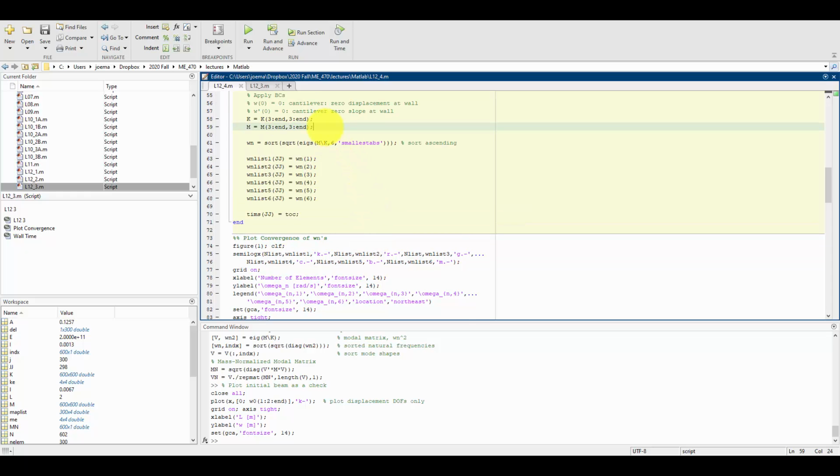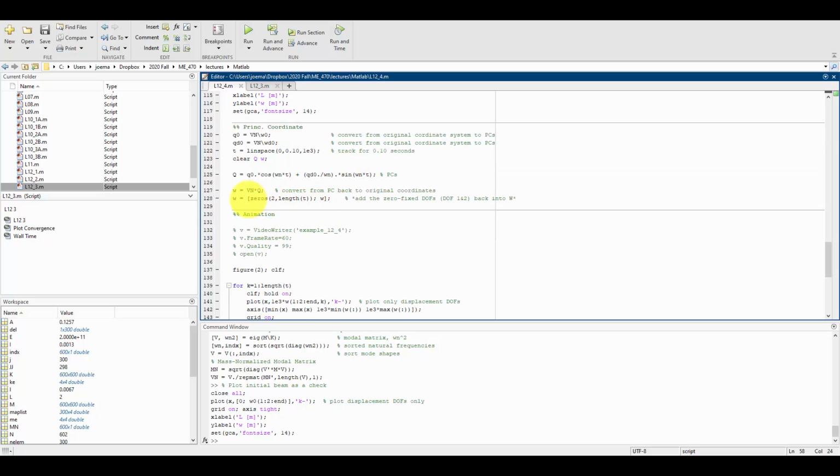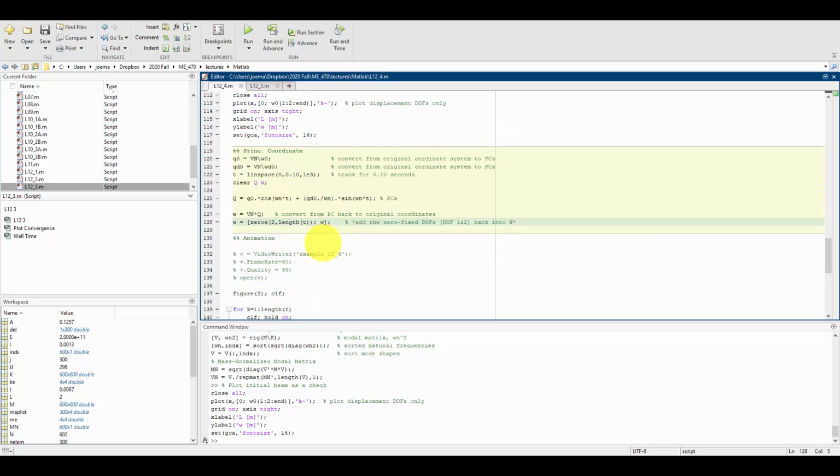When I eliminated rows and columns from K and M, I was automatically setting W1, W2 to 0 for all points in time. So what I have to do down here in 128 is now put them back in to get back to all of the degrees of freedom, fixed and non-fixed, for my W.